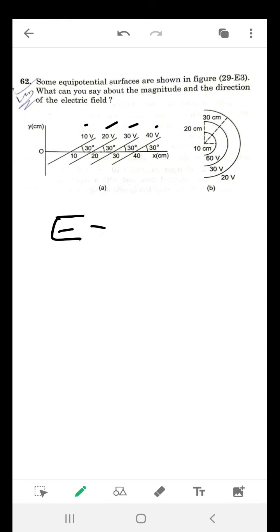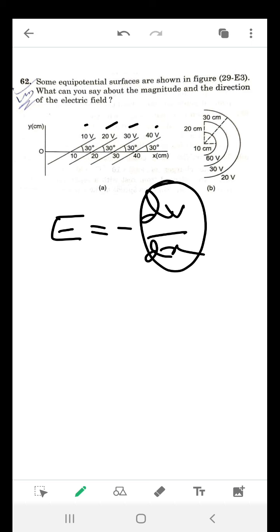That means electric field E equal to minus dV/dx. That means the potential gradient, the variation of potential with distance.